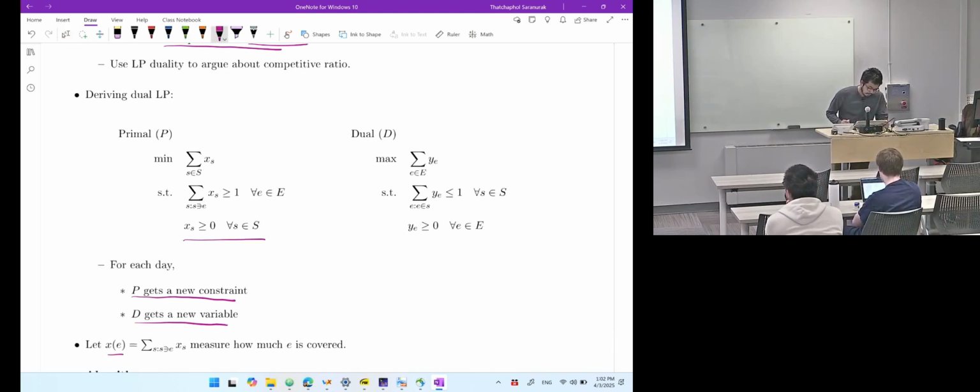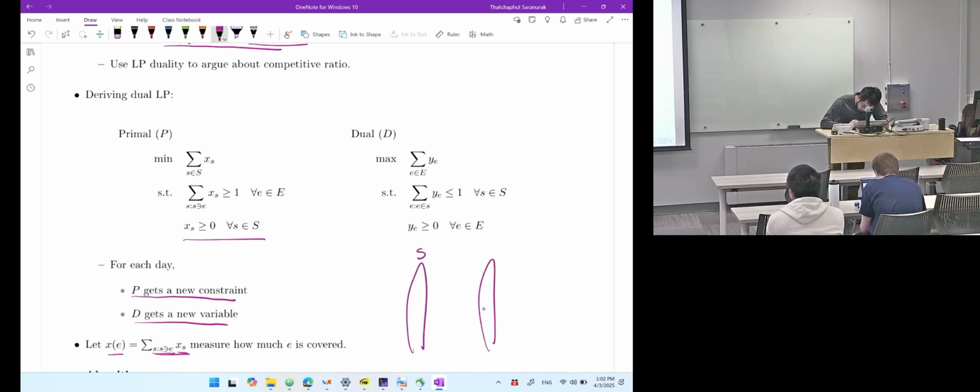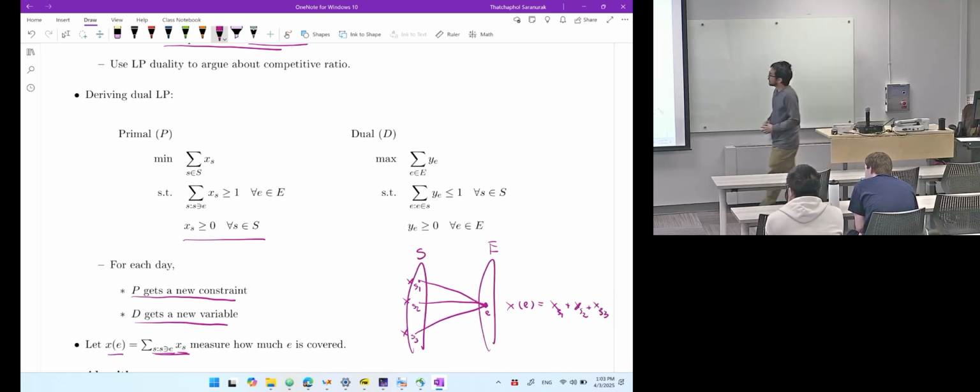I'm gonna define X_E to be the sum of X_S over all the sets S that contain E. In the picture, let's say this is element E, and E is in some sets S1, S2, S3, and I just sum all the X_S.